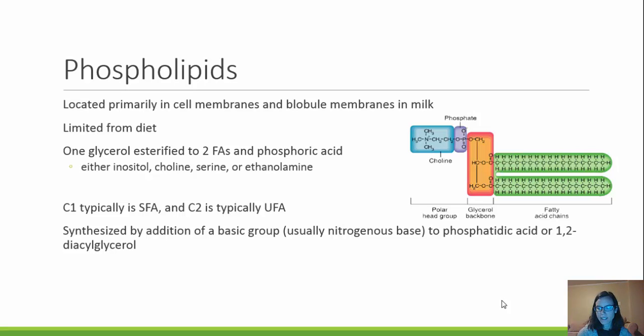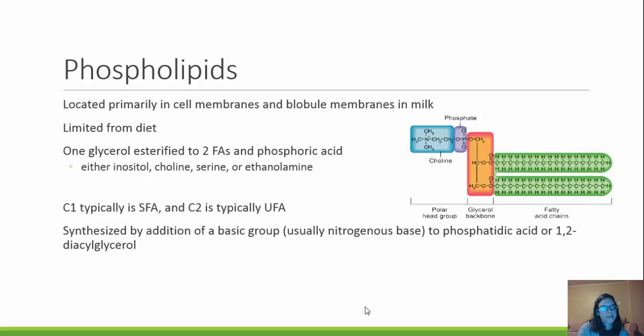And phospholipids have a structure similar to triglycerides, except C3 of the glycerol backbone is esterified to a phosphoric acid instead of a third fatty acid. So the phosphoric acid would be attached to either inositol, choline, serine, or ethanolamine.